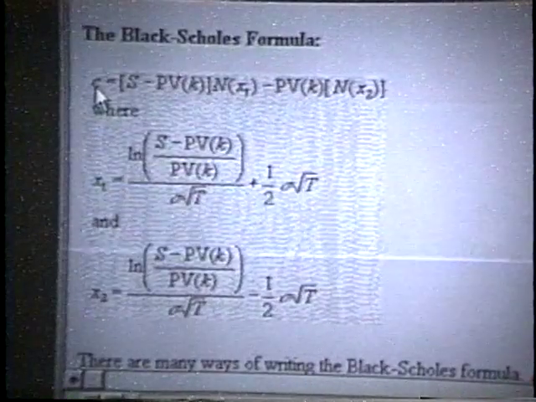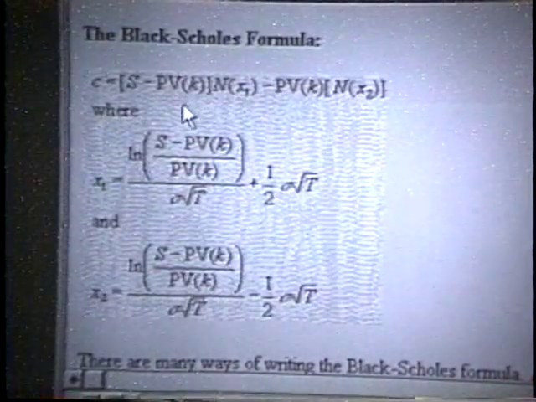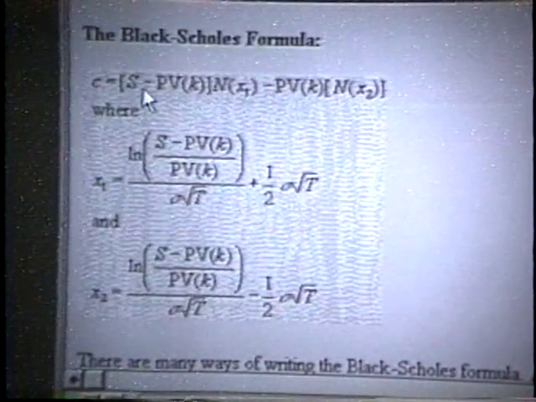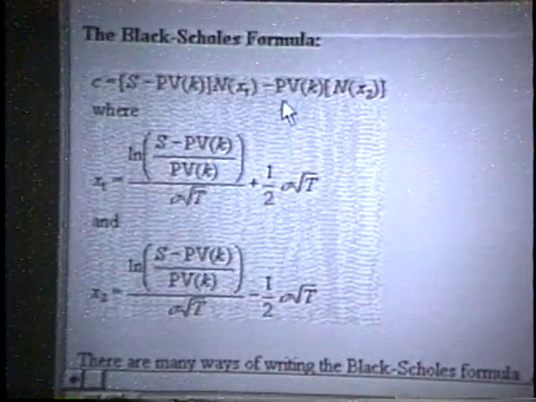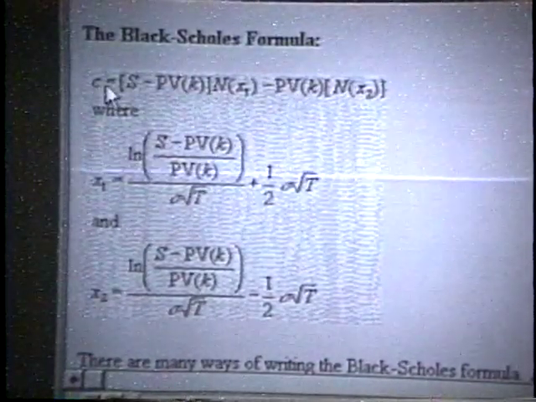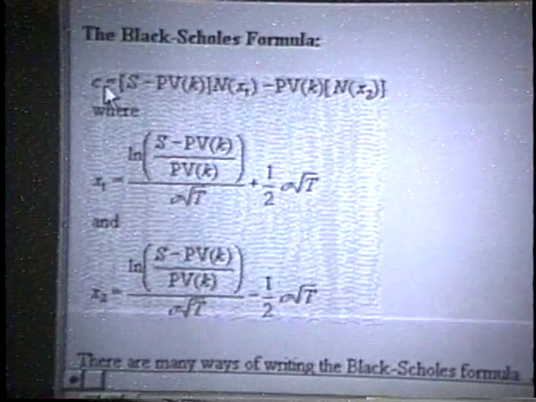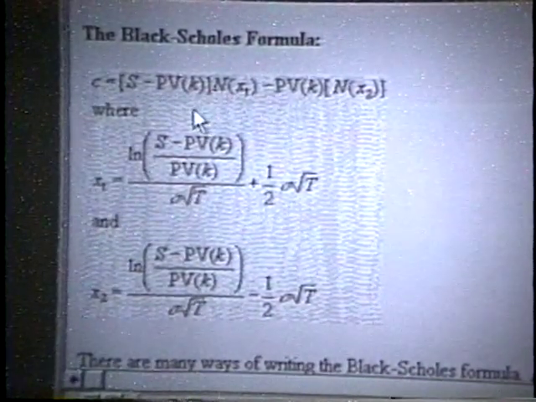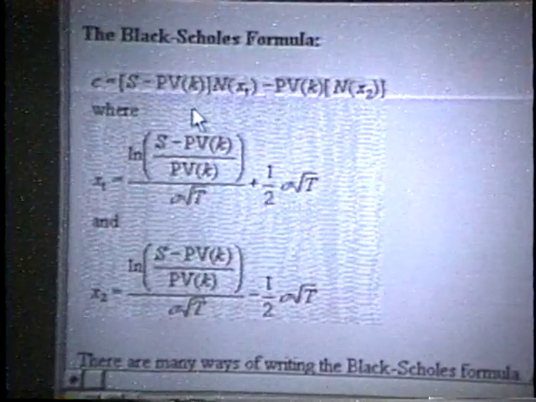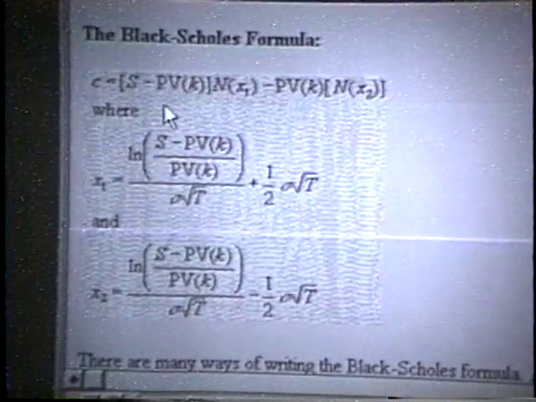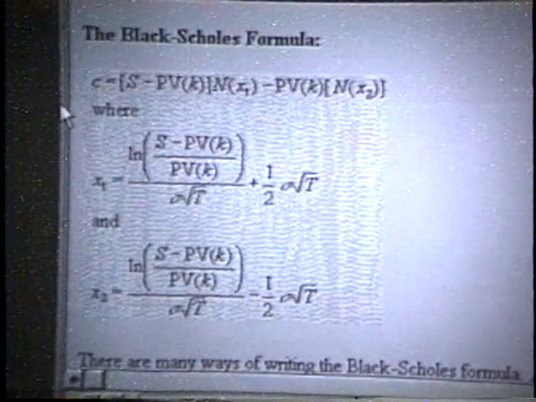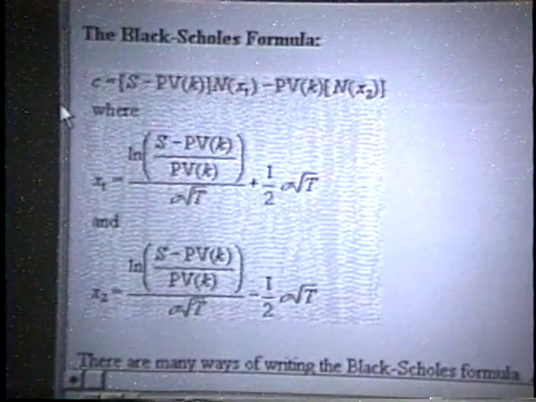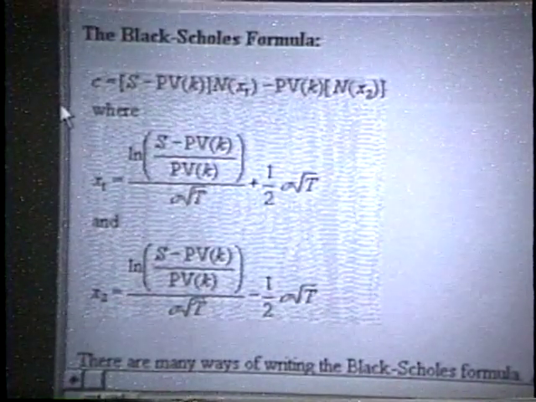Same intuition, a more complicated problem, but try different sigmas to get the right-hand side to equal the left-hand side. When the formula exactly delivers the call option price that we see in the paper, we've backed out the market's expected volatility for the life of the option. That's called the implied volatility.